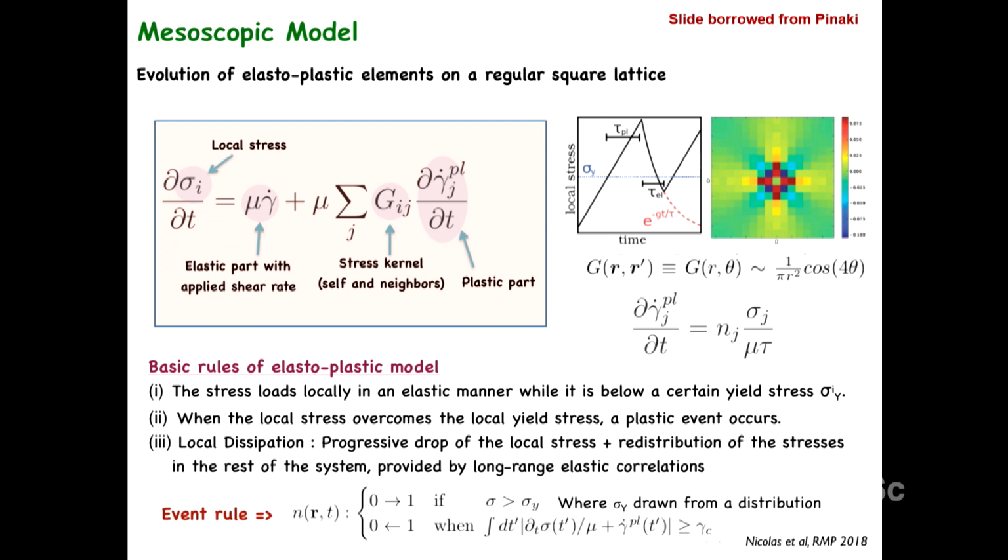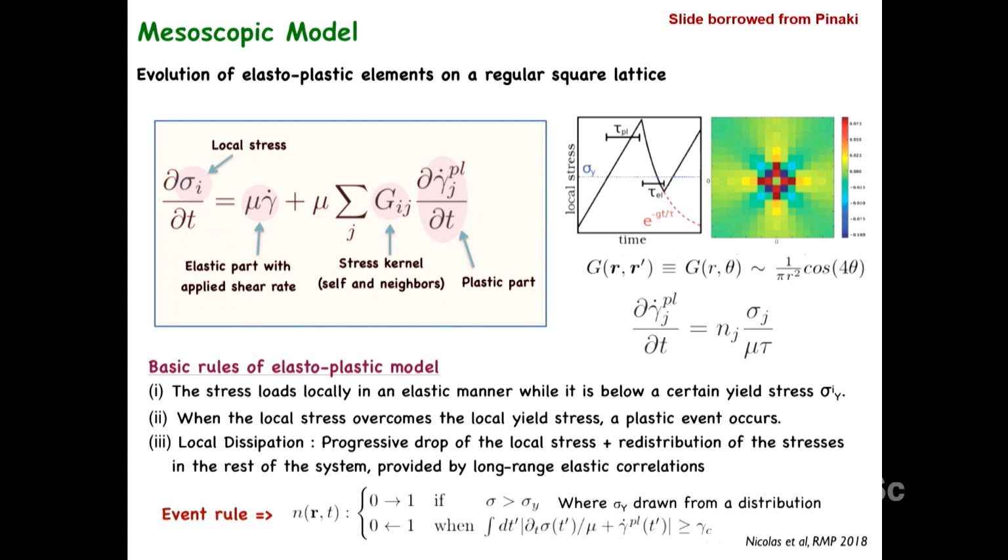You can apply external stress on this material, and each lattice point has a threshold value. When you exceed the local threshold, it fails, and when it fails, it redistributes the stress, and the stress redistribution is very anisotropic. So that's what this says.